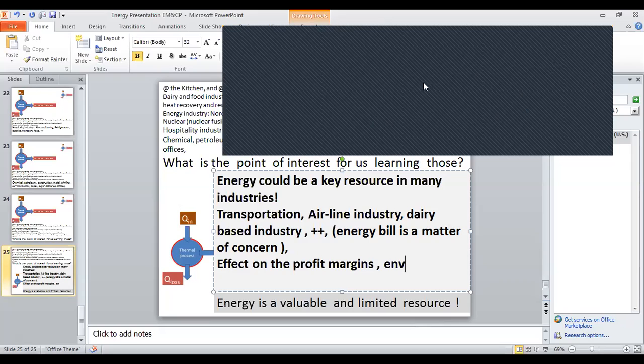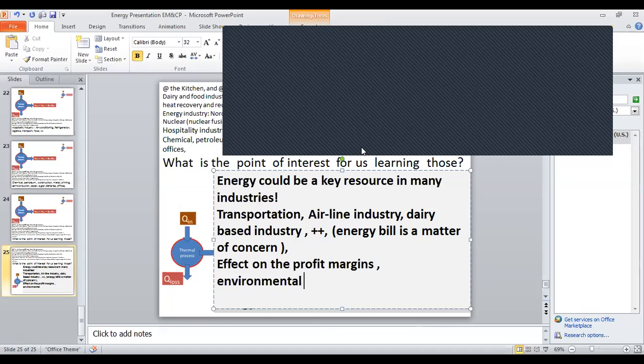Then environmental concerns, because of emissions such as CO2, SOx, NOx, and even the heat losses.